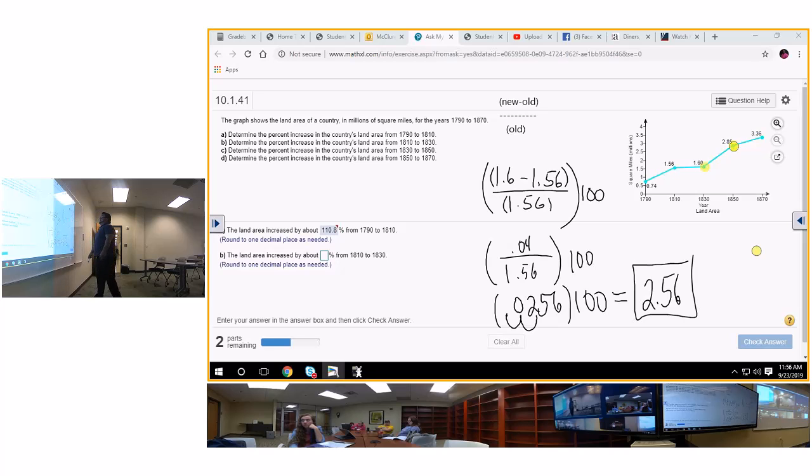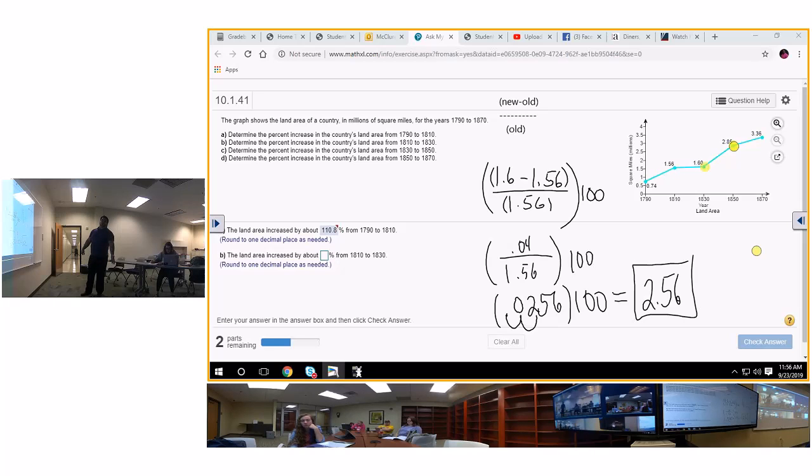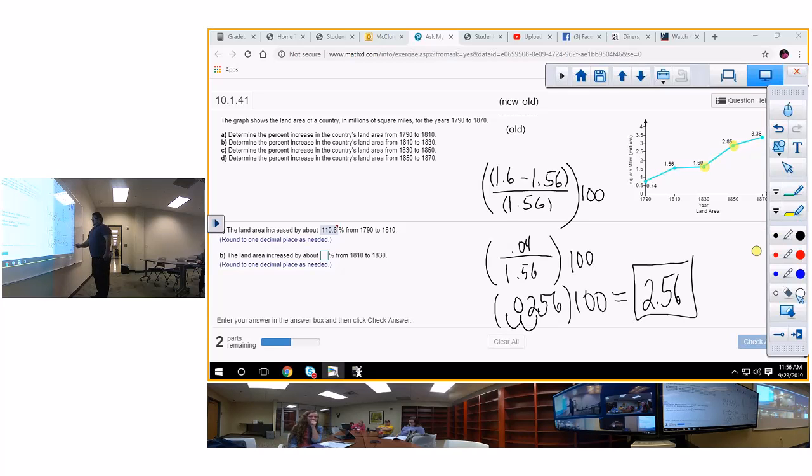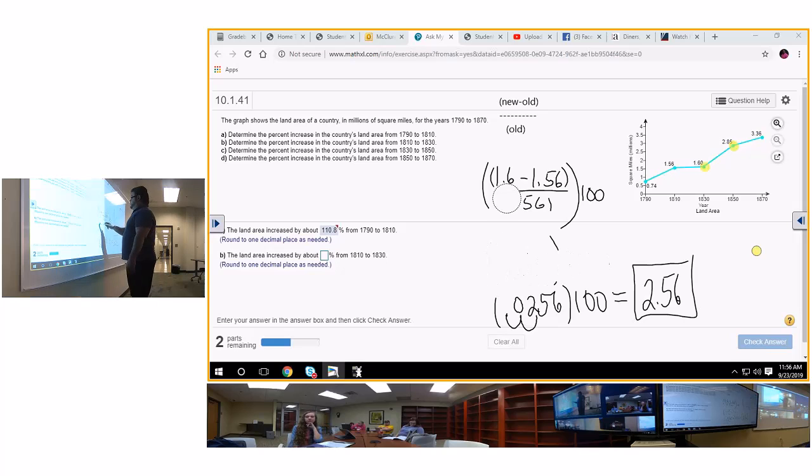Somebody tell me what kind of increase you're going to have here. A big increase or a small increase? A big increase. It's going to be more than the first one, because here's the steepness of the first one. Yeah, this is a good test question. I'll put this one on the test.